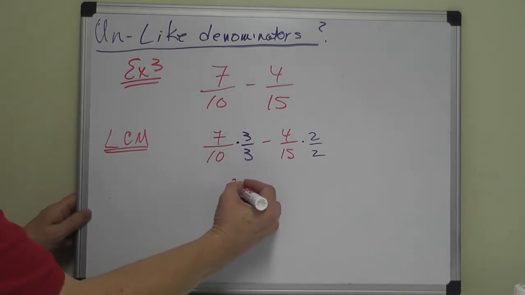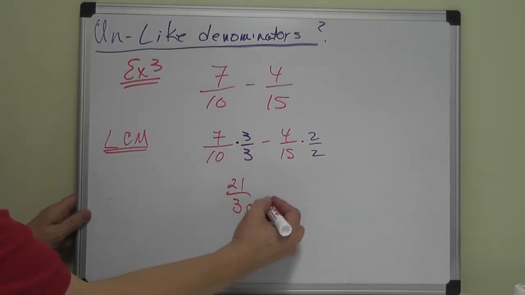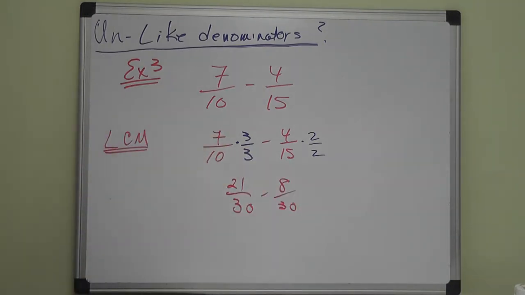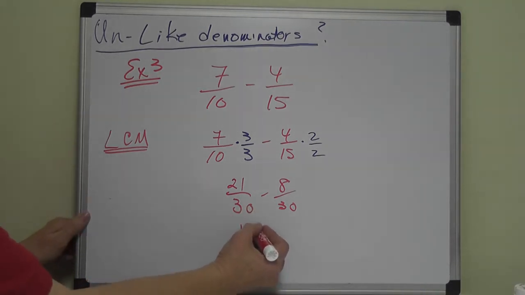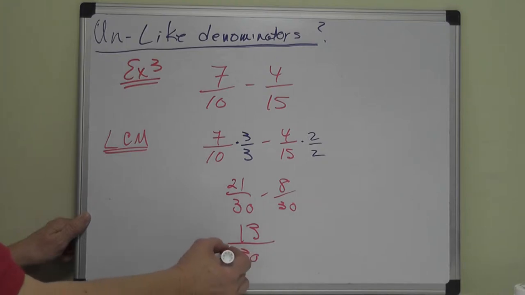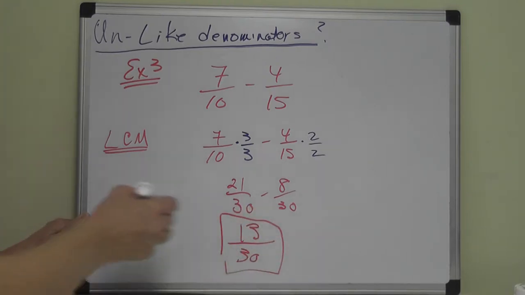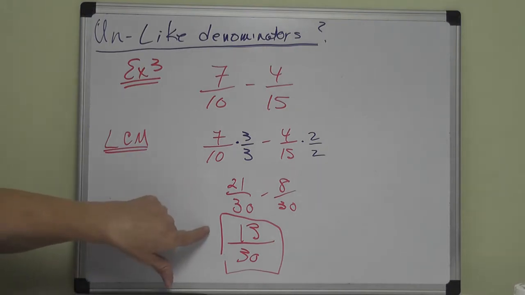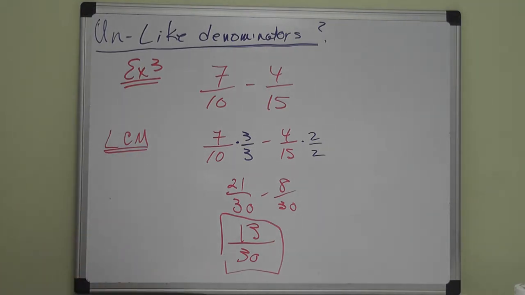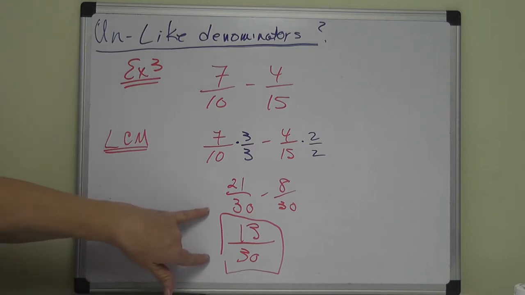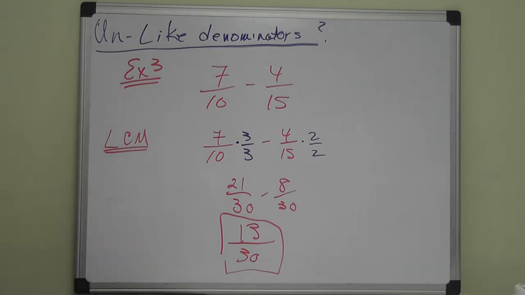So you now have 21/30 minus 8/30. When you complete that subtraction, you see that 7/10 minus 4/15 is equal to 13/30. Again, 13 is prime, so there's no further simplification of this rational number because it's in lowest terms.